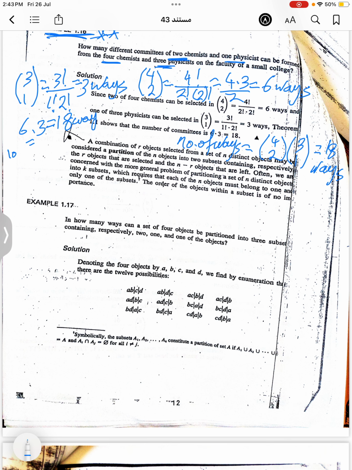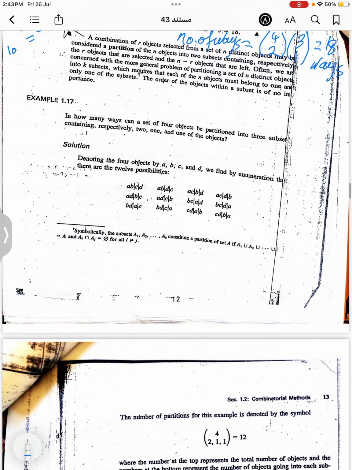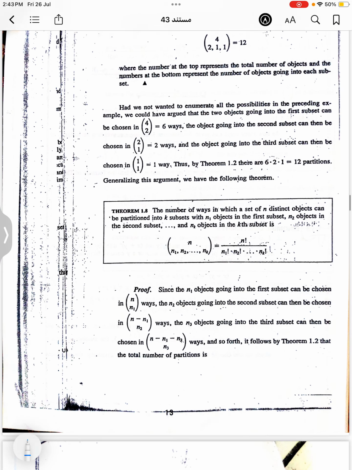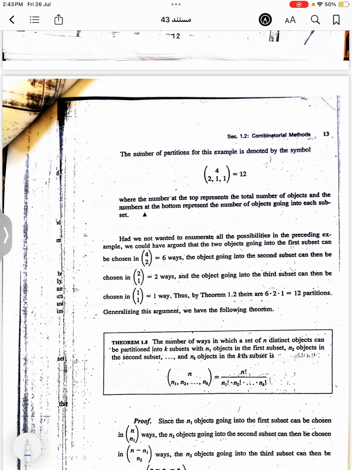Here, we will move to the next, the last theorem, which is theorem 1.8.